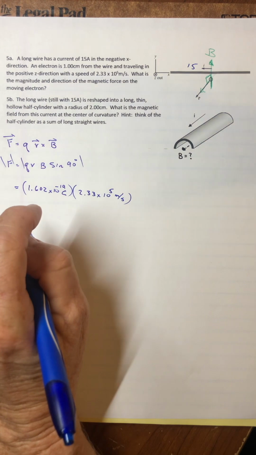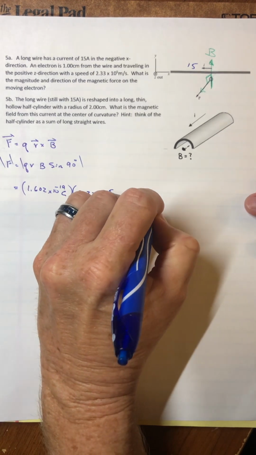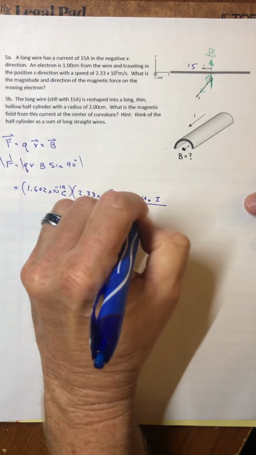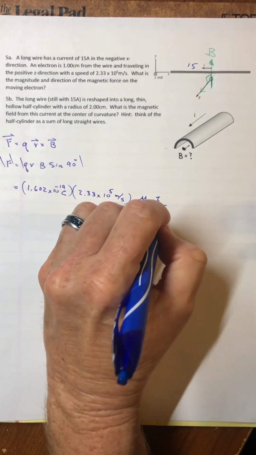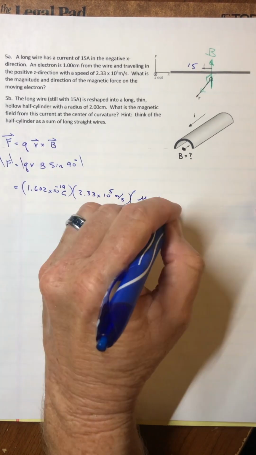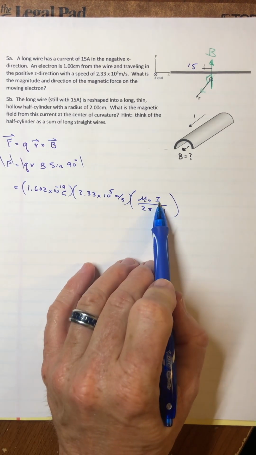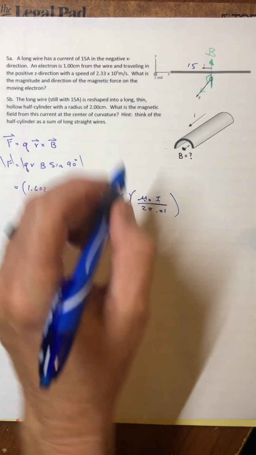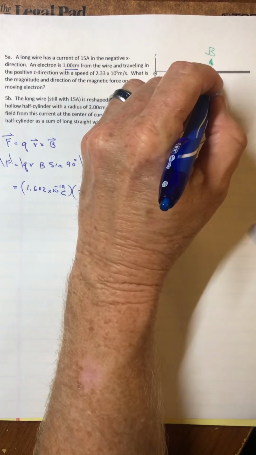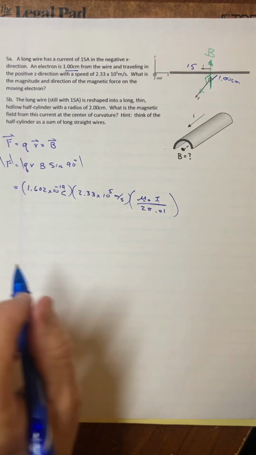Now, the strength of the field is where we get into a long straight wire, and so this is where a little bit of chapter 30 comes into play, where it's the permeability of free space times the current over 2 pi times the distance away, which they say we are 1 centimeter outward.